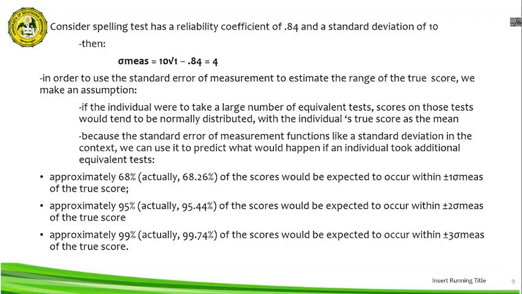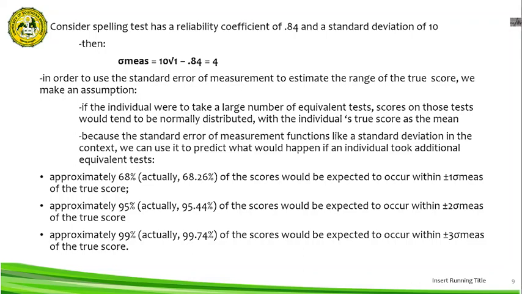First, approximately 68%, actually 68.26%, of the scores would be expected to occur within plus or minus 1 standard error of measurement of the true score.